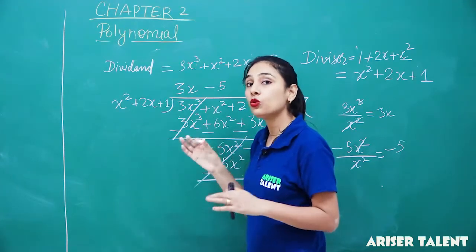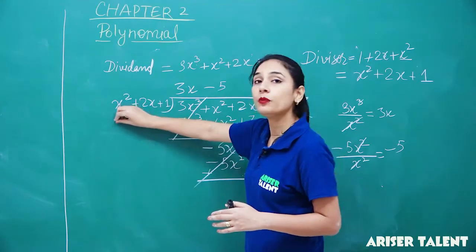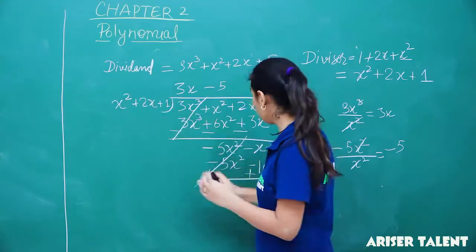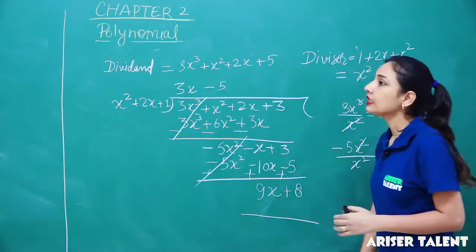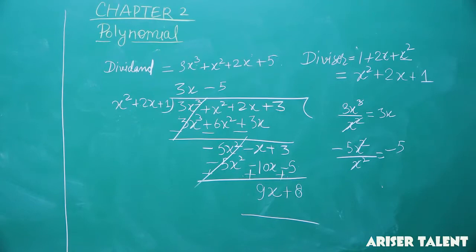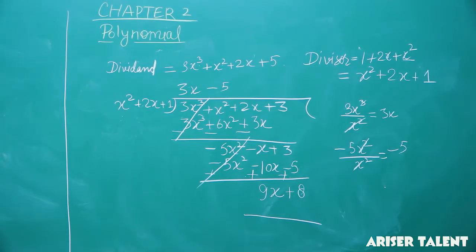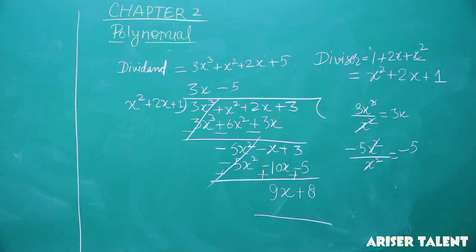It can be at most equal, but this cannot be higher. If it is higher, then you will stop. Then this 9x plus 8 is your remainder, right students?